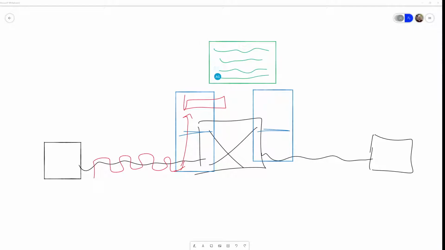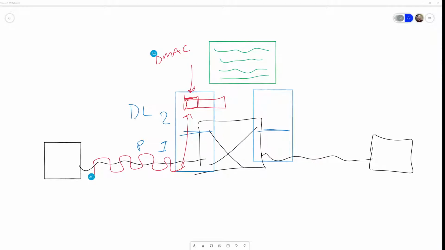Bridging table, switching table, can be referred to as either. So we have layer 1, layer 2, the physical layer and the data link layer. And so the switch makes a forwarding decision looking at the header at the destination MAC address.